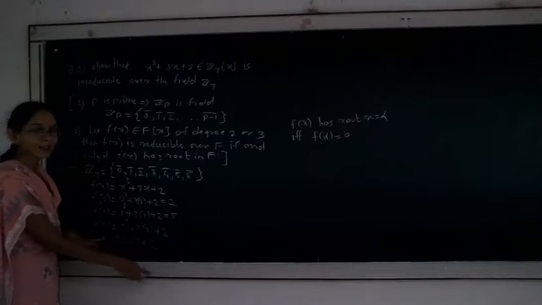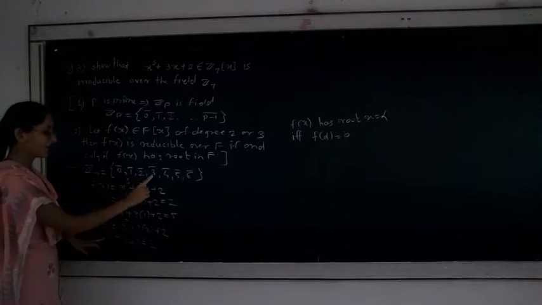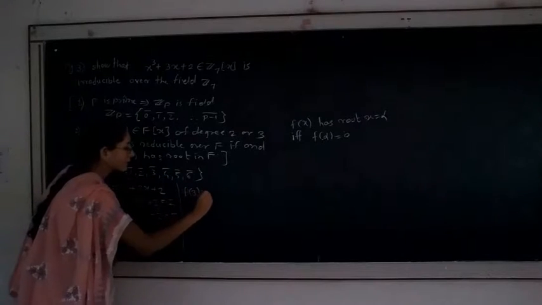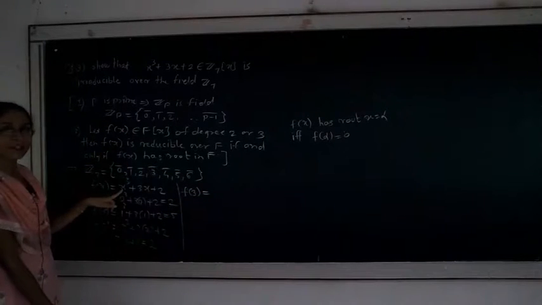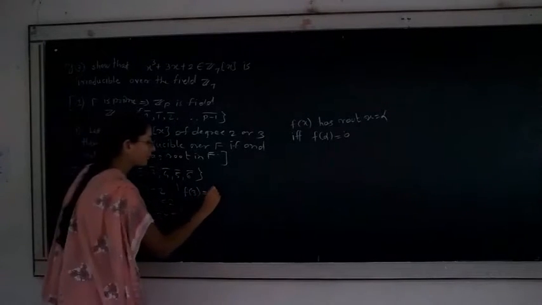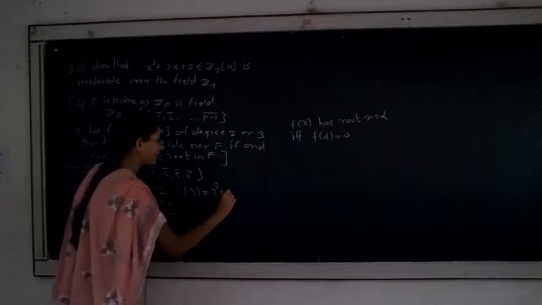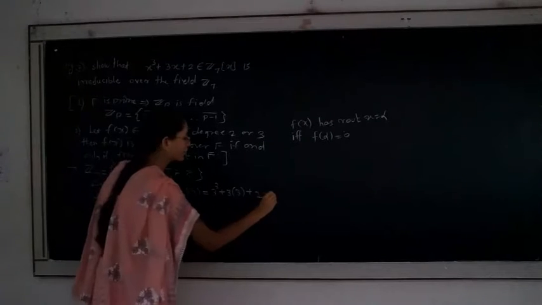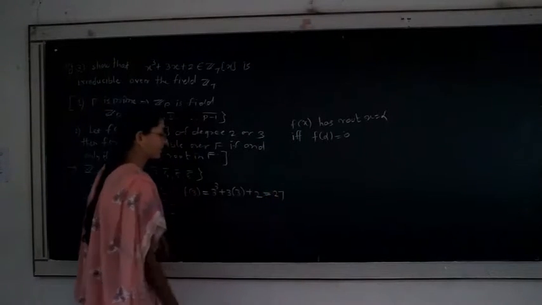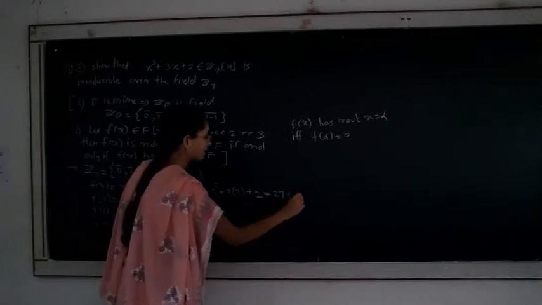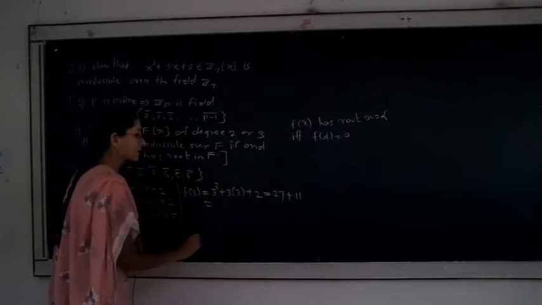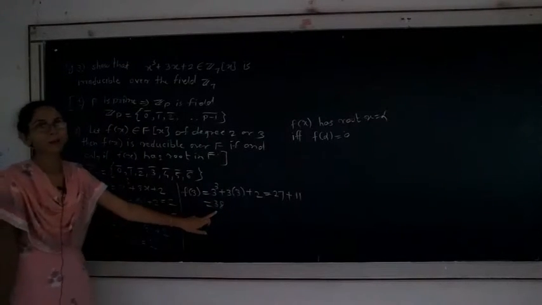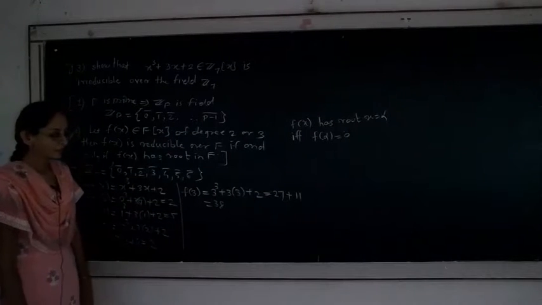Now we go to the next element of this field, namely 3. f of 3 is equal to, replace x by 3: 3 cube plus 3 into 3 plus 2. This is equal to 27 plus 11, which is equal to 38. If you divide 38 by 7, the remainder is 3.